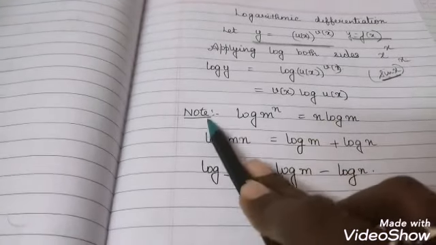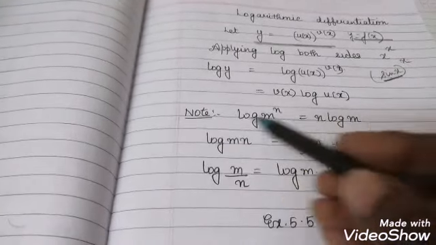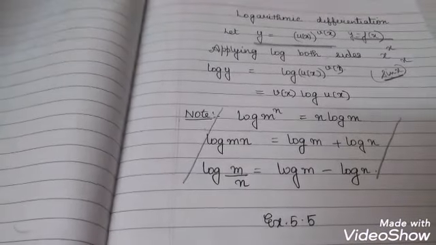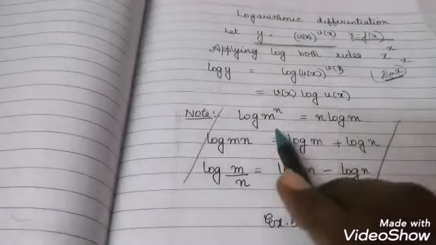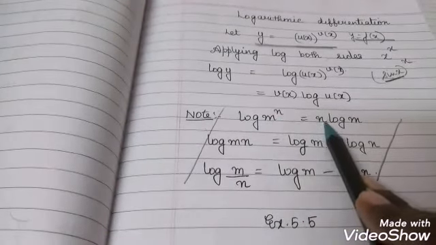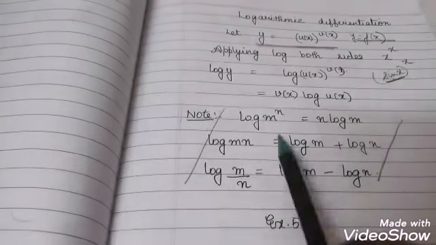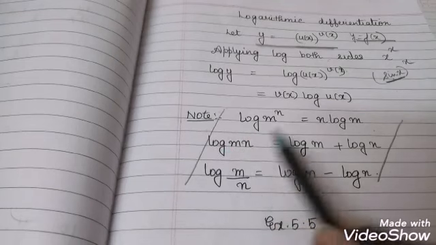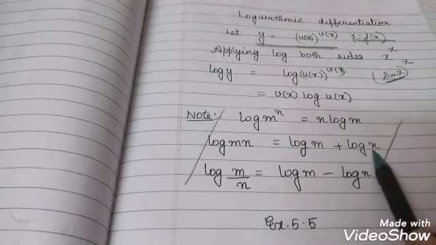Now I'll tell you some of the basic logarithmic rules, whatever you have studied in your lower classes. Log of m power n is equal to n log m. Log of mn is equal to log m plus log n.